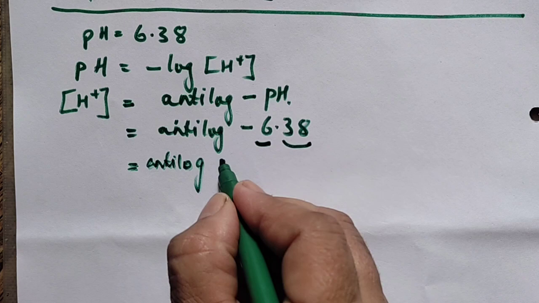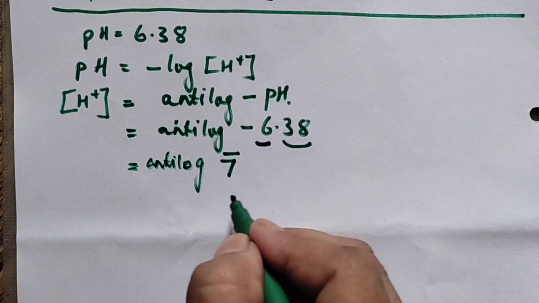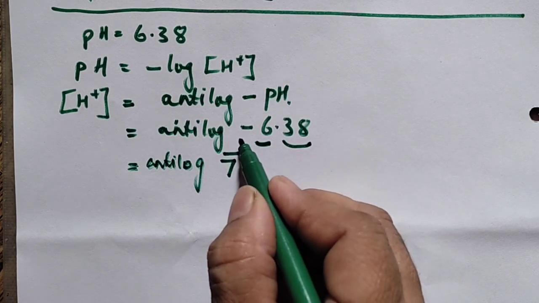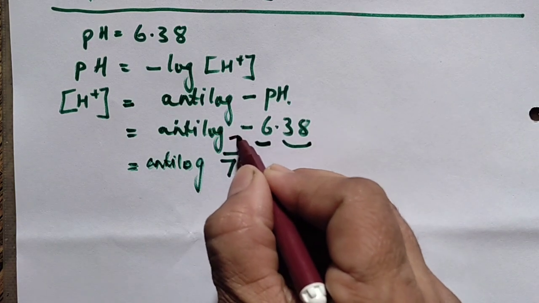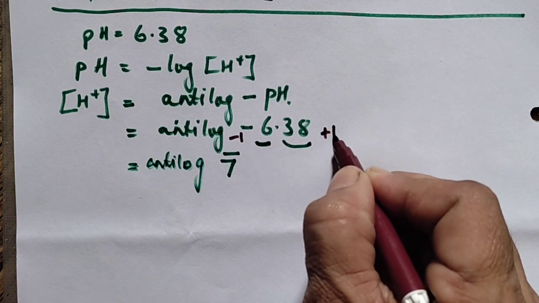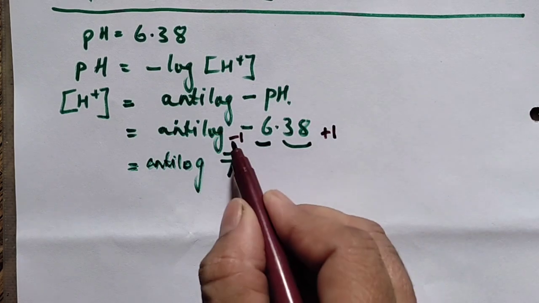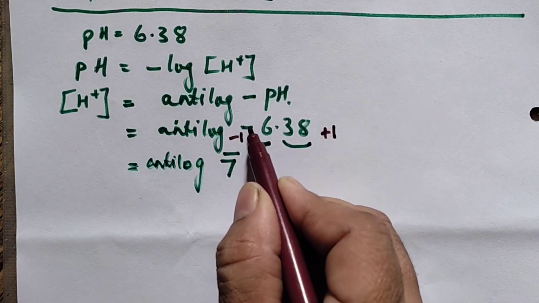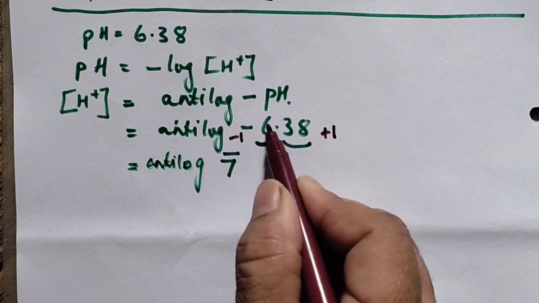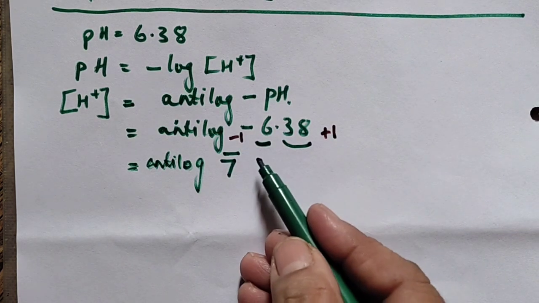So you will write it as bar 7, minus 7. Actually, it is minus 1 this side and plus 1 this side, if you can understand it this way. Minus 1 this side means that minus 1 and minus 6 put together becomes minus 7.